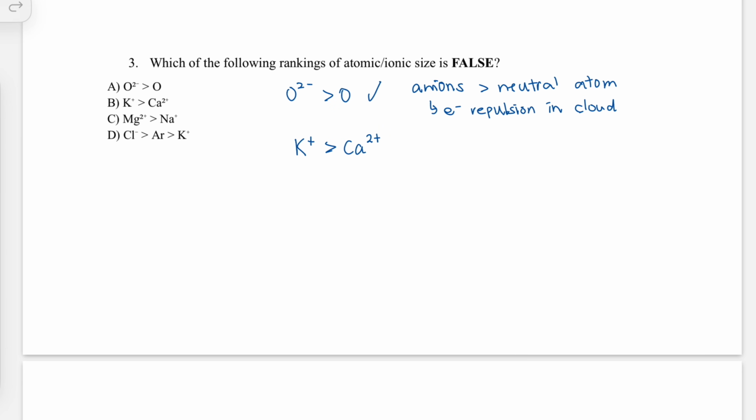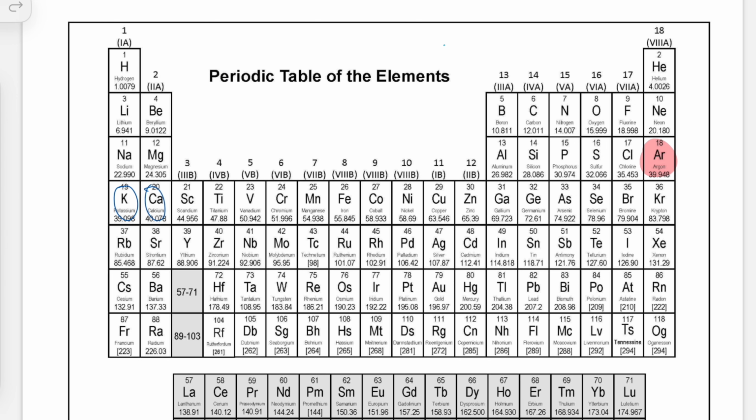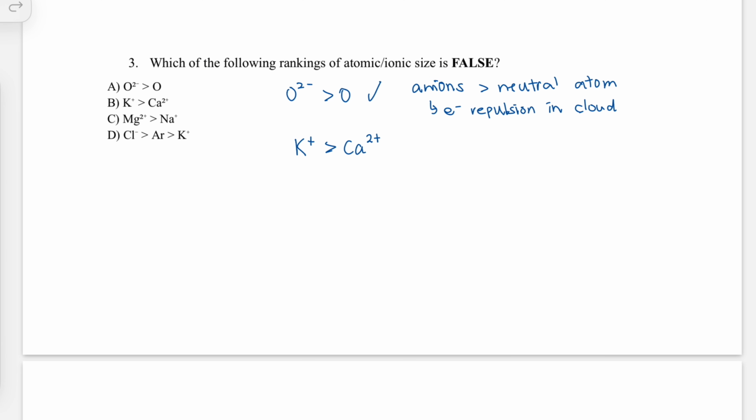What's going to determine which is bigger is the effective nuclear charge. Calcium has more protons than potassium, so it has a higher effective nuclear charge. Same number of electrons, but calcium's electrons are pulled in more, making it smaller than potassium. So this is also true.